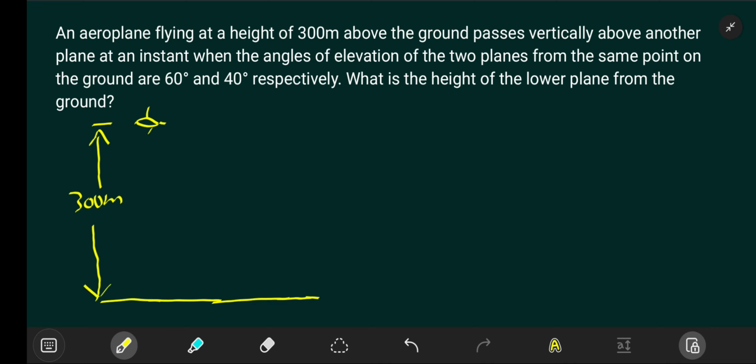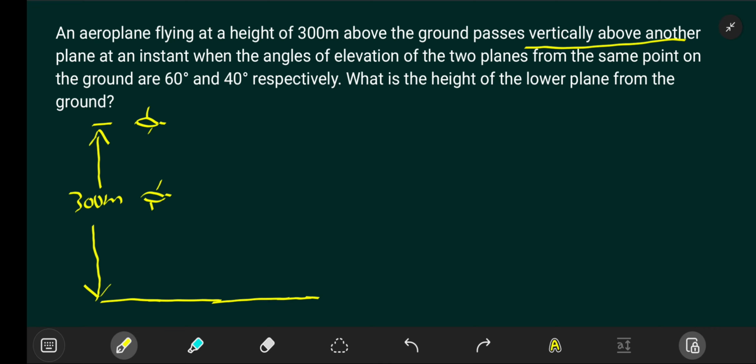And there is a second plane flying vertically below it. This is the first plane, this is the second plane. Under the first plane, vertically downwards, this second plane is flying.